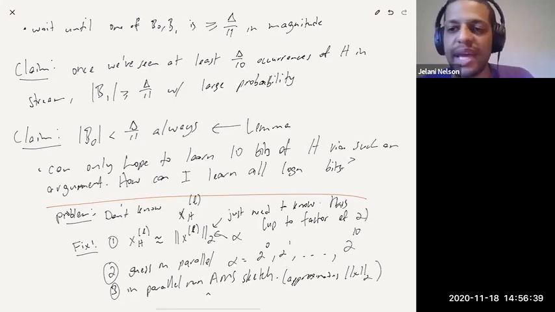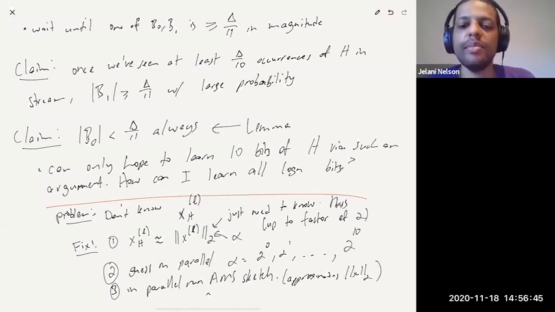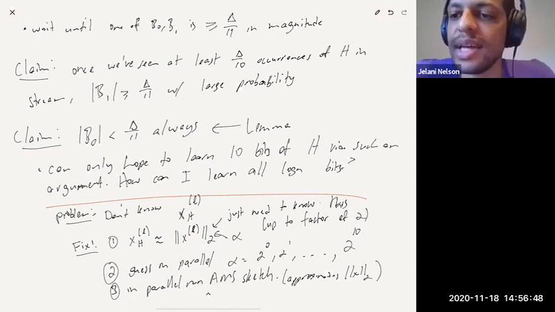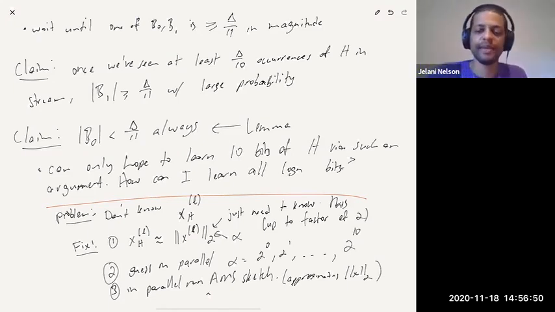So you don't need to pay to union bound over all time steps. It's sort of like the lemma again for free. Like for free, your maximum error is never larger than epsilon times the largest L2 norm. Okay. So that's how to fix the algorithm. Now the only thing that's left is how to prove the lemma.